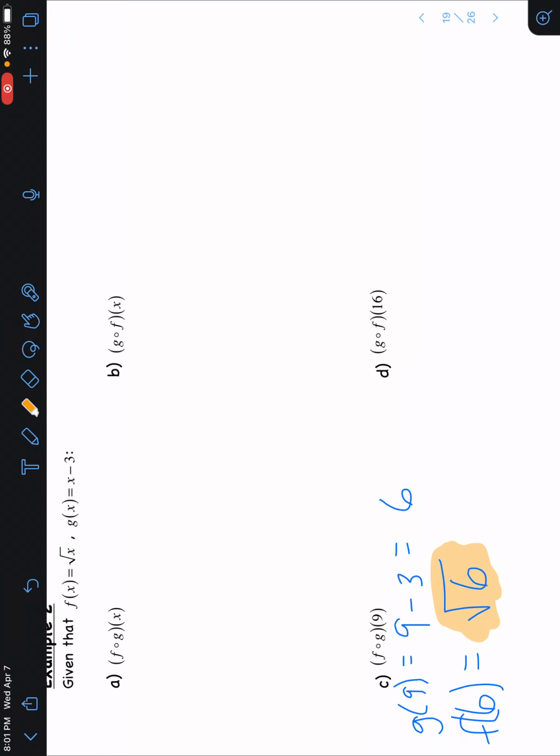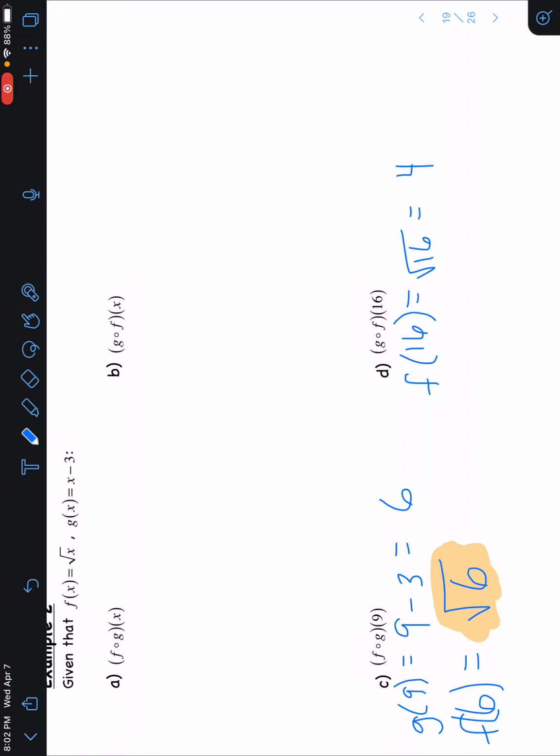Okay, letter D, g of f of 16. Which function would I do first, g or f? In this problem, you should be doing f first. So f of 16. The f at the top of the screen is square root of x. So that'll be square root of 16. And we know that's 4.